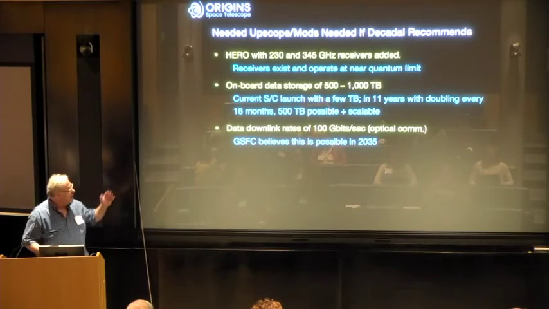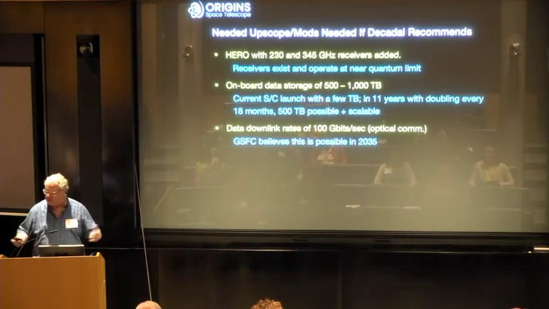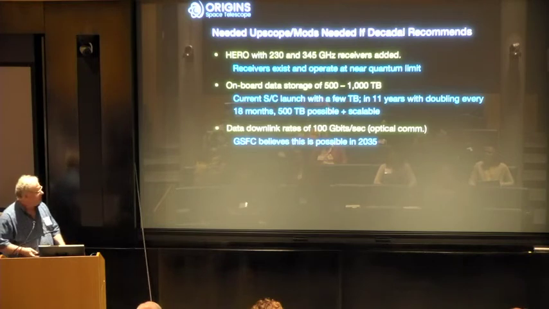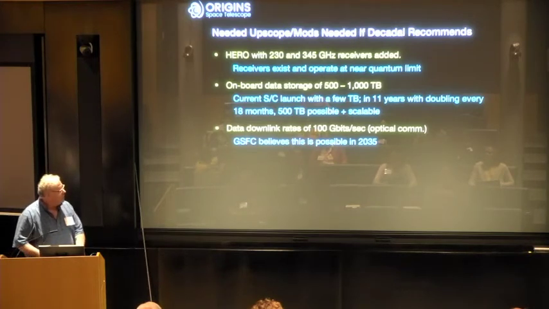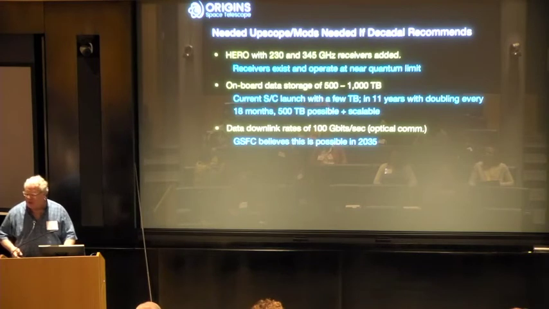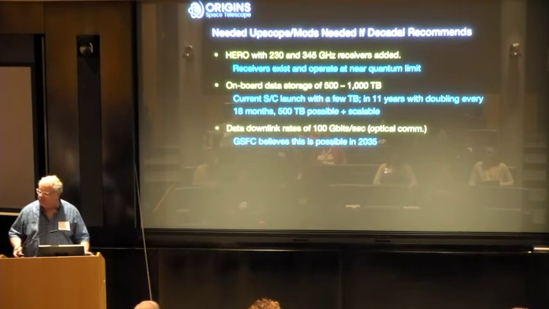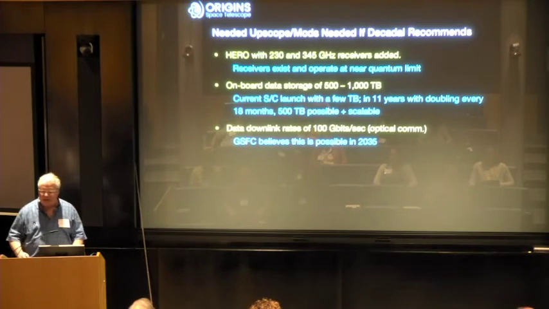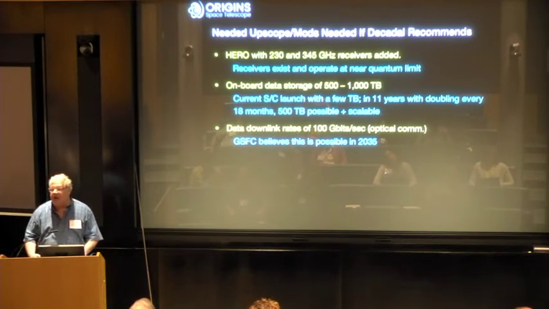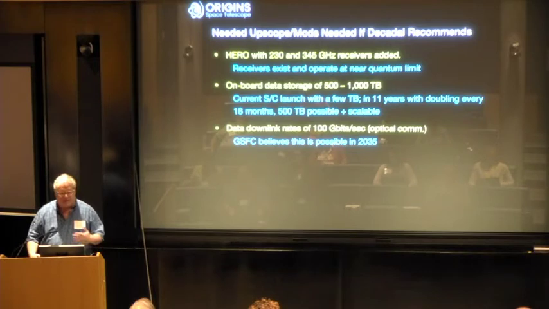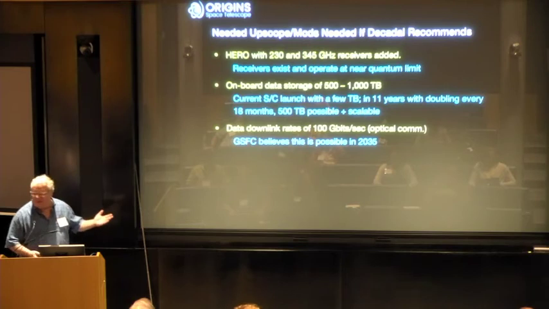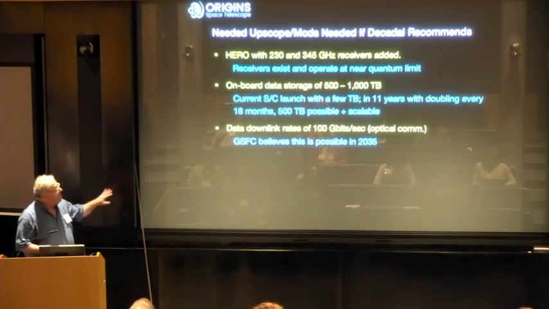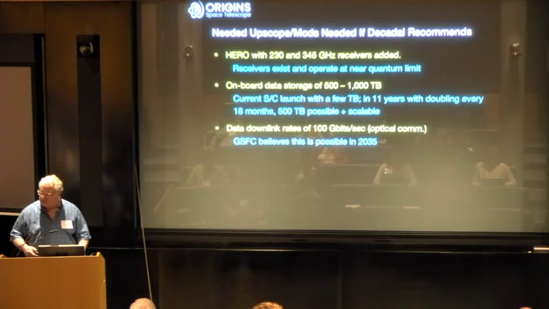They say that in the time frame of 2035, which is when we'd be downlinking these data at the earliest, downlink rates from L2 of 100 gigabits per second they regard as feasible, as much as one can claim it without being thought insane. I believe the Goddard folks were saying there have been demonstrations of 10 or more gigabits per second already. So in 15 or 16 years at the earliest, people believe this will be feasible.